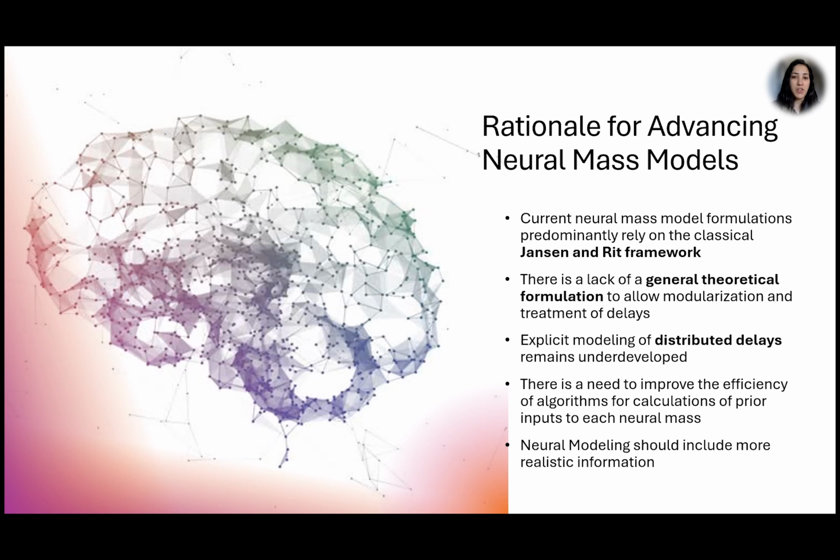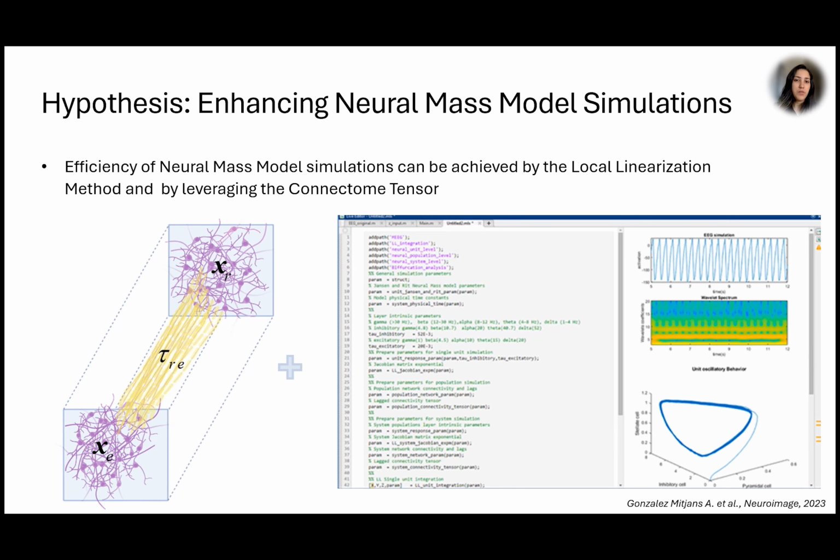This presentation aims to underscore the urgency of refining our approach to neural modeling, emphasizing both theoretical advancement and practical applications. Our central hypothesis revolves around enhancing the efficiency of neural mass model simulation through two key methodologies: the local linearization method and the strategic utilization of connectome tensors.